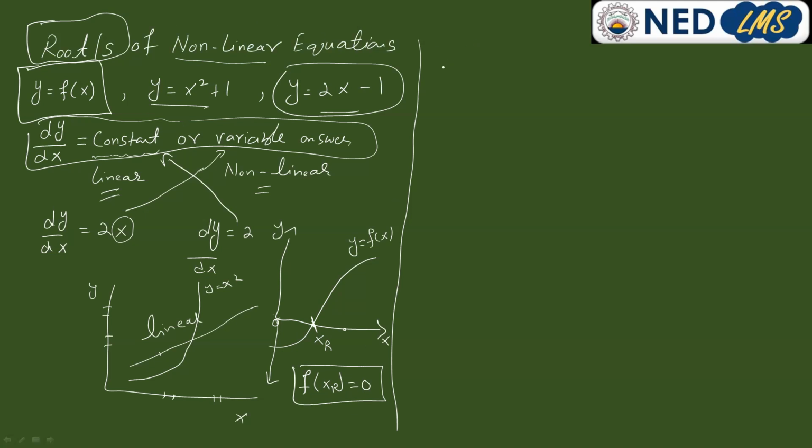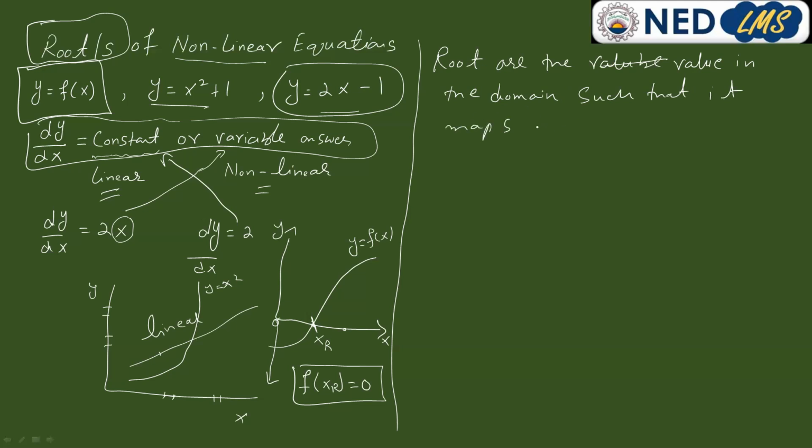Okay, so in this case we understand that this is the case of a root. So how do we define the roots? Roots are values in the domain, or a proper word could be a member of a domain, such that it maps to a range equal to 0.